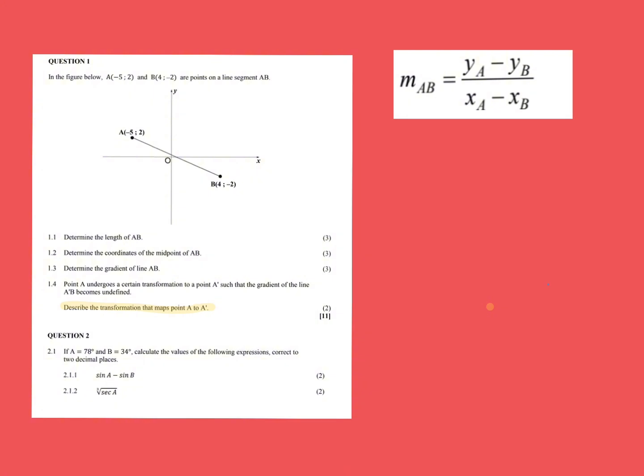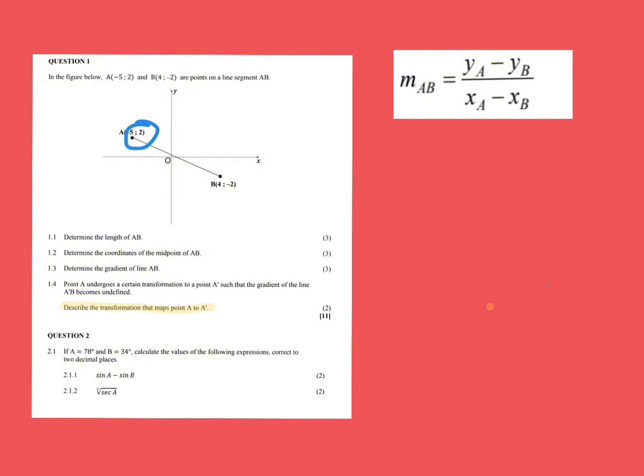It says point A undergoes a certain transformation to a point A prime such that the gradient of the line A prime B becomes undefined. So this point A, what we are told is it undergoes something. It moves, left or right, up or down, and then the gradient of the line becomes undefined.